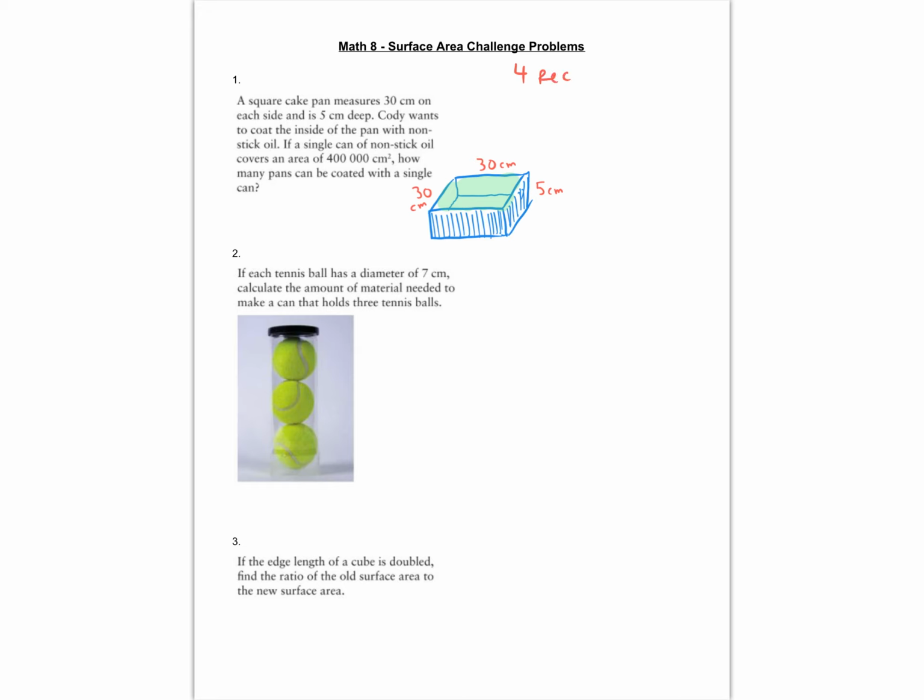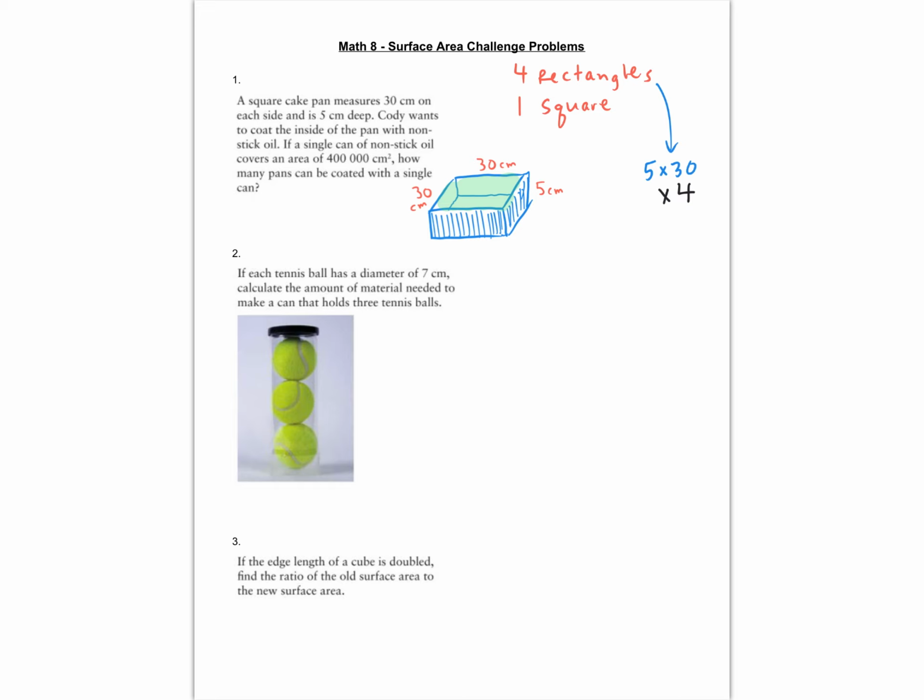Let me write this down. 4 rectangles and 1 square. And the area for all these is just the horizontal by the vertical, okay? So the rectangles are 5 centimeters by 30, and there are 4 of them. So I'm going to multiply what it is for 1 by 4 to get the other ones.